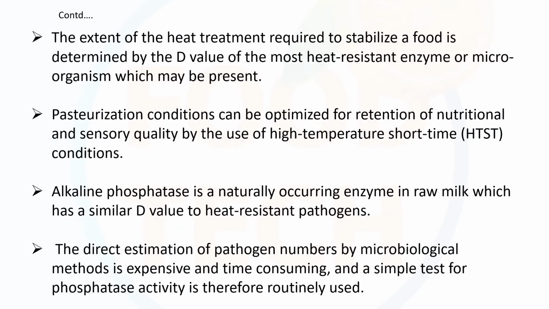The pasteurization heat treatment is required to stabilize the food. It is determined by the D value of the most heat resistant enzyme or microorganism that may be present under pasteurization conditions, with retention of nutrition and sensory quality by use of high temperature short time conditions. Alkaline phosphatase is a naturally occurring enzyme in raw milk that has a D value similar to the most heat resistant pathogen.